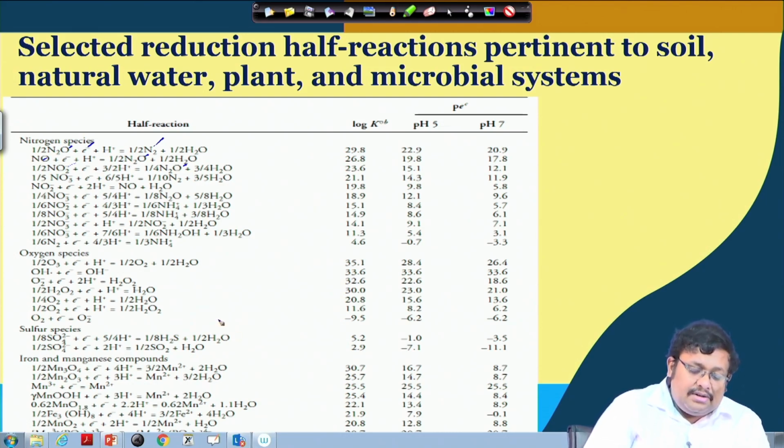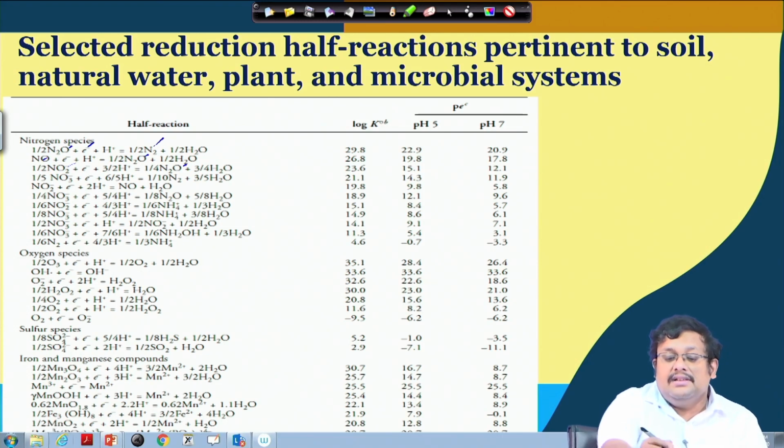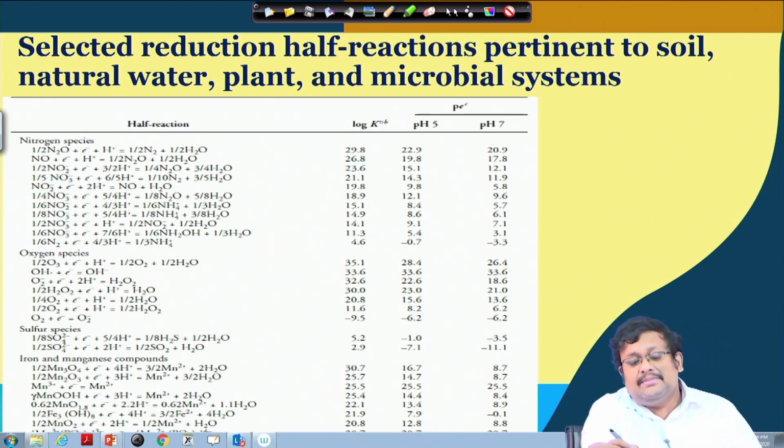For iron and manganese compounds, you can see Mn3O4 can be converted to Mn2 plus, Mn2O3 can be converted to Mn2 plus, and different oxidized iron forms can also be converted to reduced compounds by accepting electrons. So, these are some examples of selected reduction half reactions which are pertinent to soil, water, plant and microbial systems.